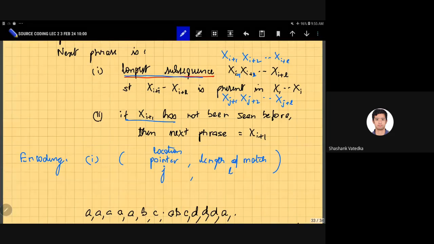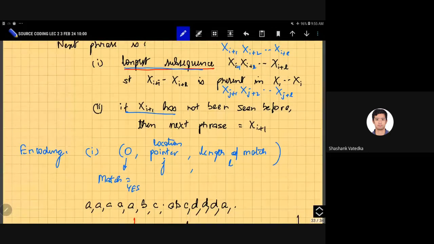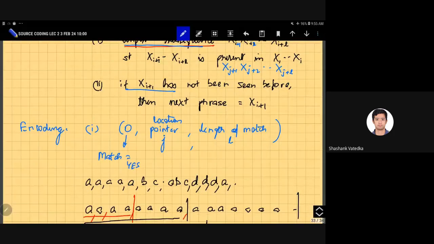And we'll store an additional bit 0, to indicate that there is a match. So: match equal to yes, then the location, and then the length of the match. Okay, so that is the first case.